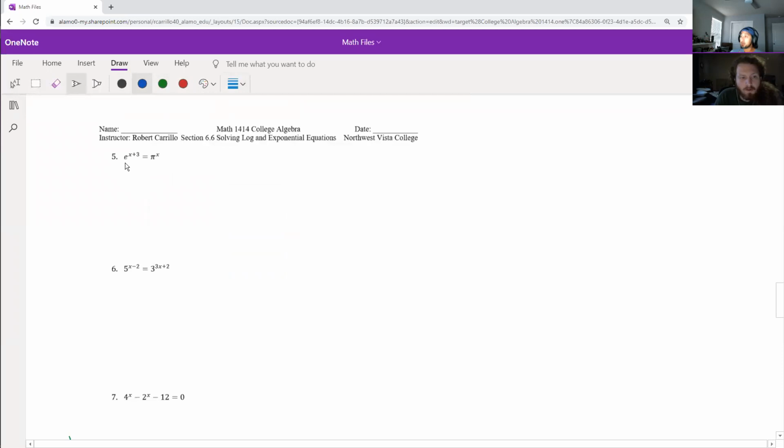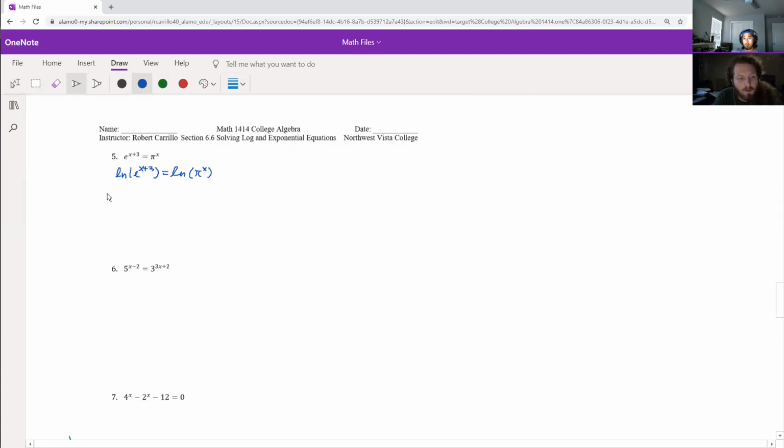All right. So we have e to the x plus 3 is equal to pi to the x. We could try log base pi, but we already have log base e as the natural log, so let's do that instead. ln of the quantity e to the x plus 3 equals ln of pi to the x, right?